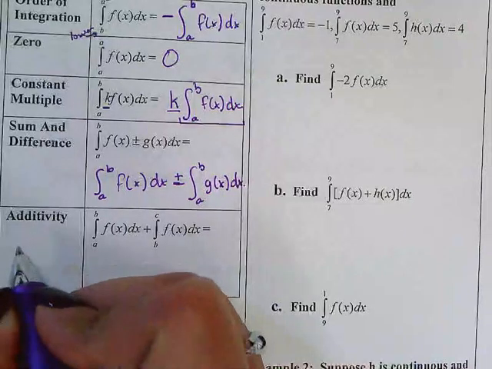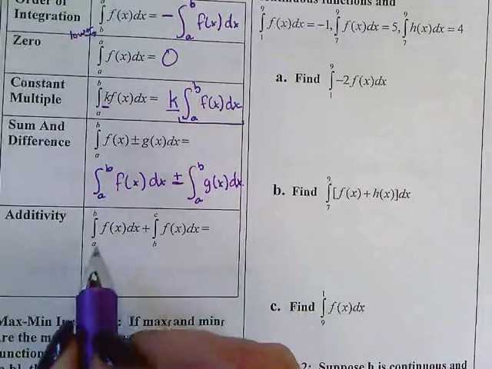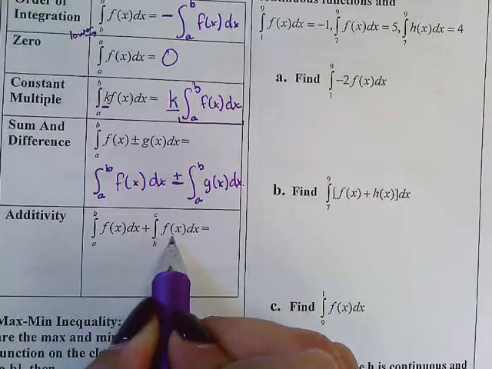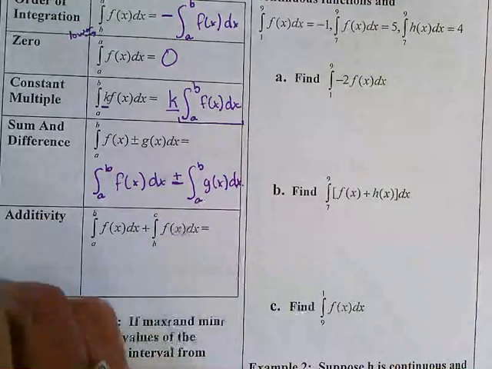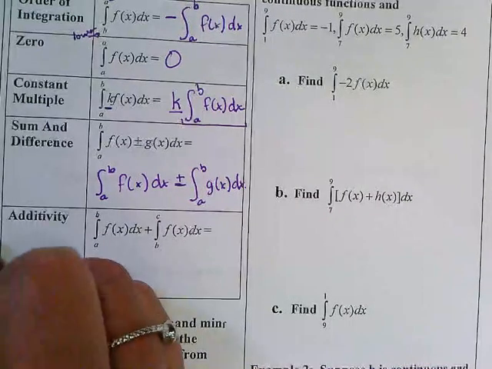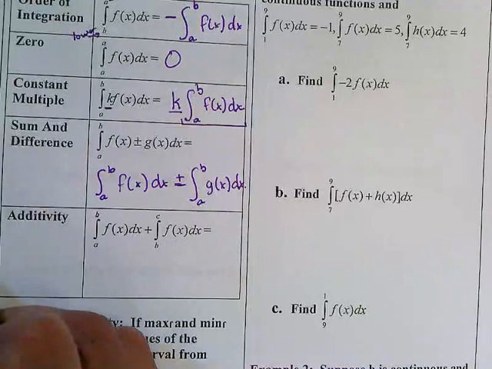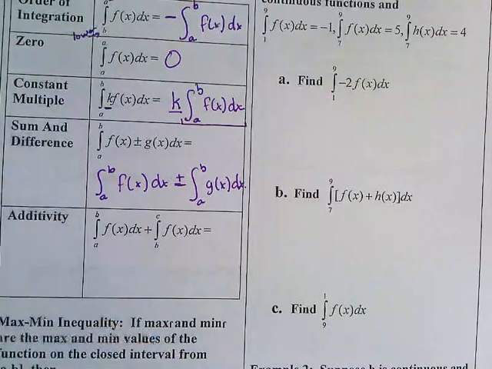Last rule is additivity, and the idea here is if you have one function from a to b, and then that same function you're asking for the integral from b to c. So for example, it's the same exact function. If this is our function right here, and here's a, and here's b, and then here's c.